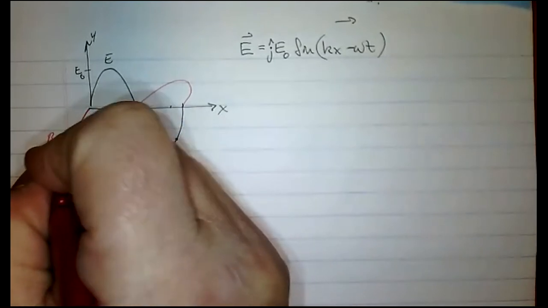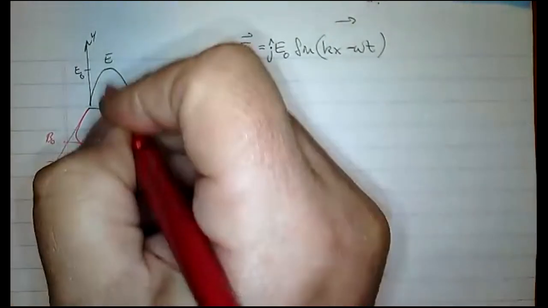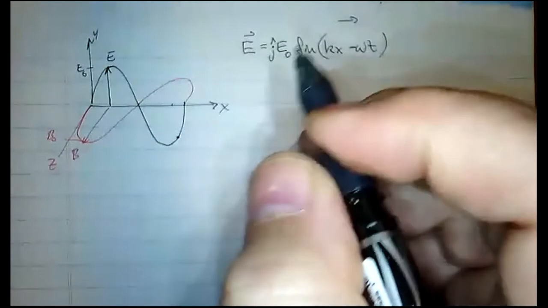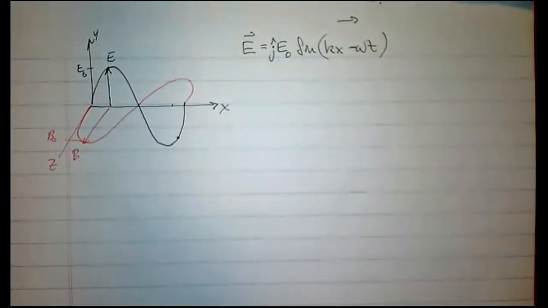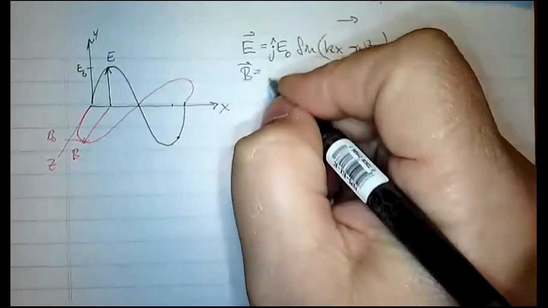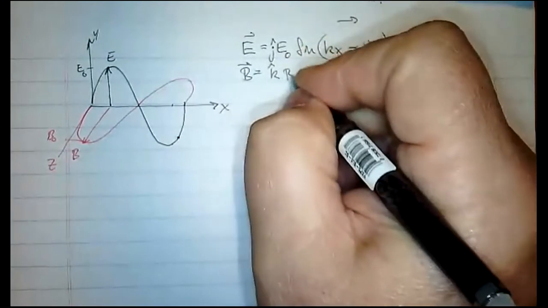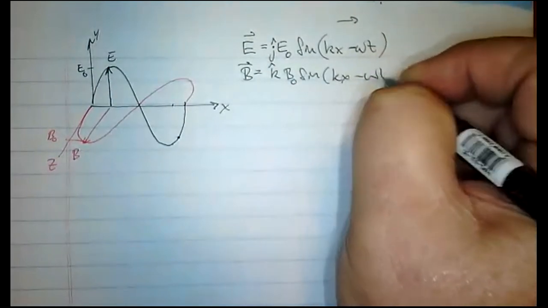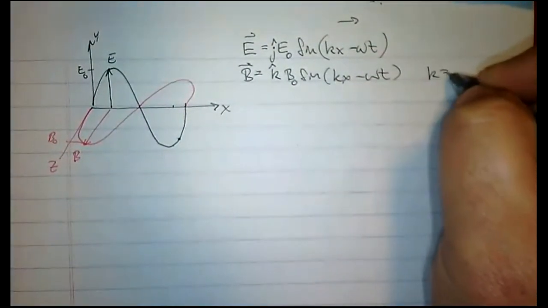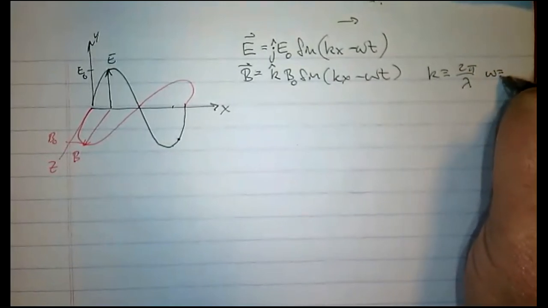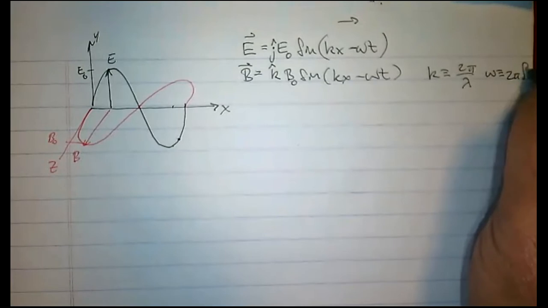So this would be B0, and that one, of course, would be E0. So this plane wave would be given by B is equal to K hat B0 sine kx minus omega t, and k is defined to be 2 pi over lambda, and omega is defined to be 2 pi times the frequency.